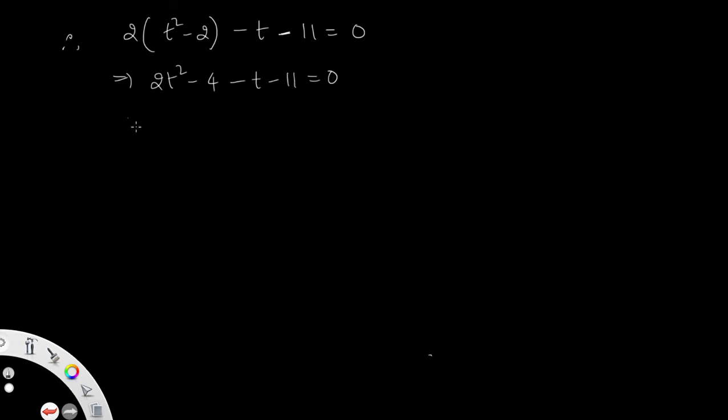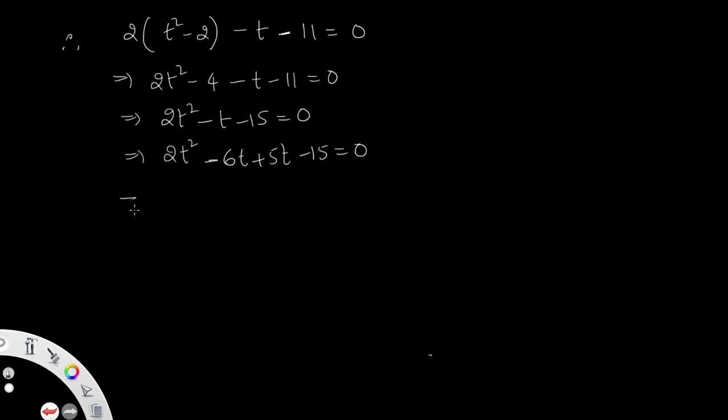So that is 2t square minus t minus 15 equal to 0. Then 2t square minus 6t plus 5t minus 15 equal to 0, since 6 times 5 is 30 and 15 times 2 is 30, and adding gives minus t.